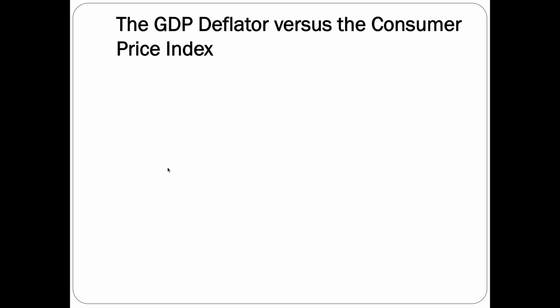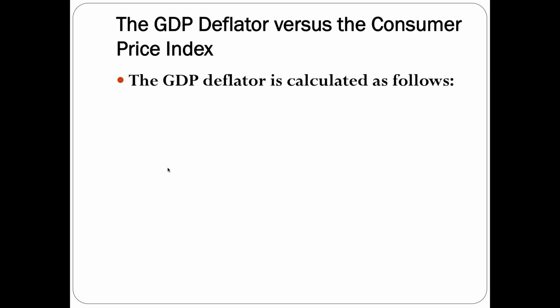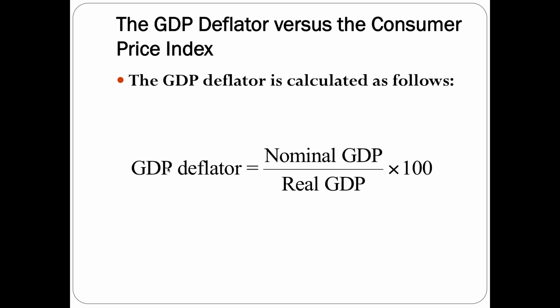Now I want to talk about one other measurement of inflation, which is called the GDP deflator, and we're going to compare that with the consumer price index. The GDP deflator is calculated as follows. It's equal to nominal GDP divided by real GDP times 100. So basically it adjusts nominal GDP for inflation.